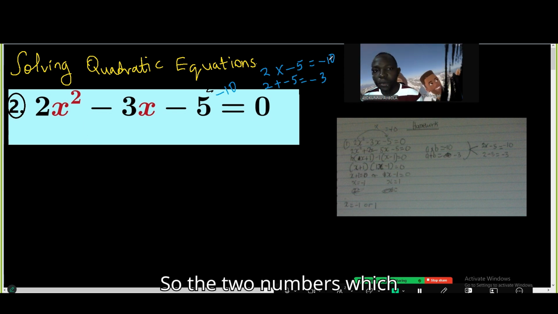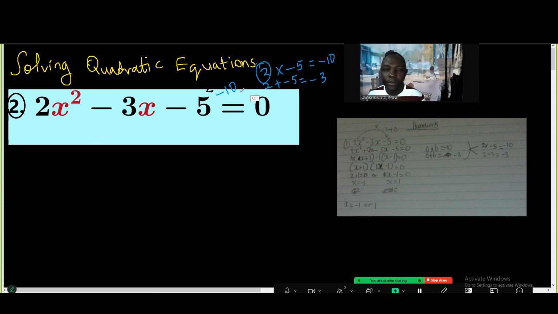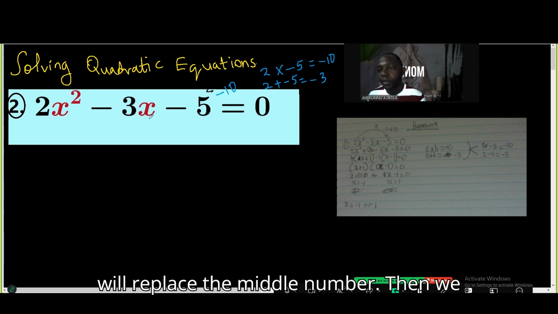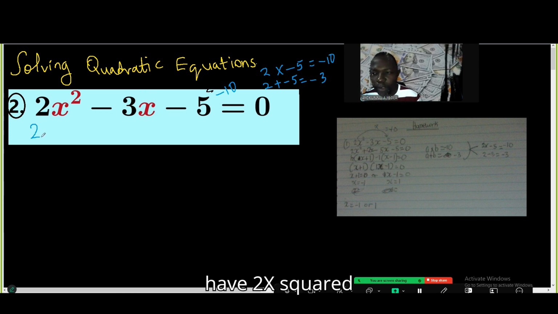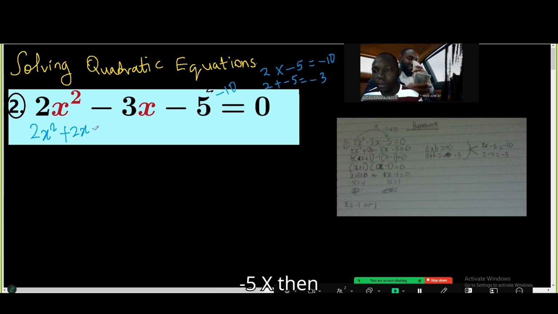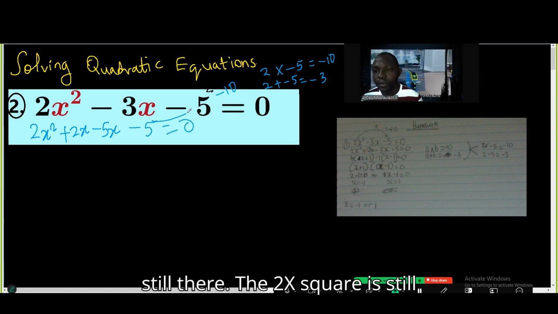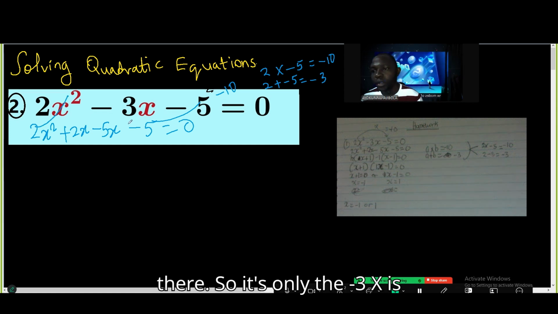So the two numbers, which are 2 and minus 5, we replace the middle number. Then we have 2x squared plus 2x, then minus 5x, then minus 5 equal to 0. So the minus 5 is still there, the 2x squared is still there.